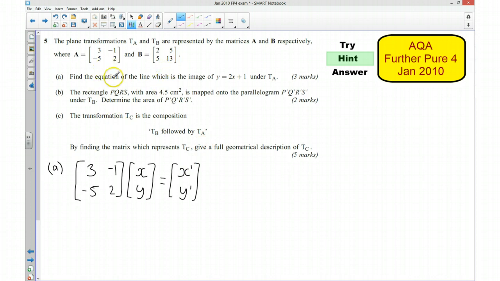Remember, the order is important when we're multiplying matrices together. Once I've multiplied out the matrix, I should end up with a new matrix, and we need to decide what transformation that new matrix is carrying out, so we can give the full geometrical description of it.